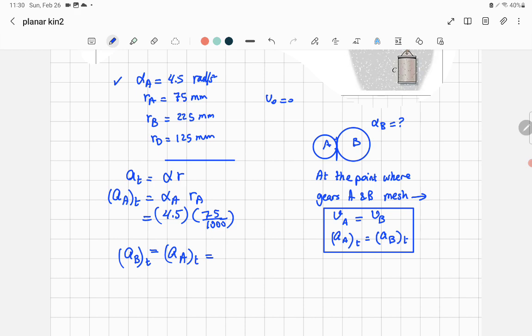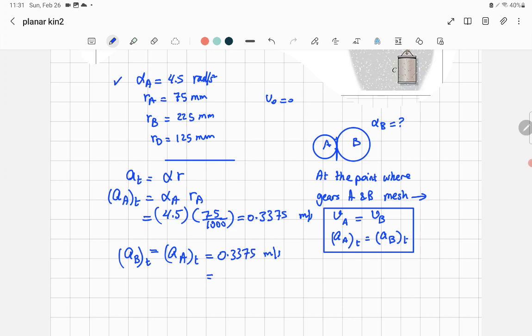Let me just calculate it. Okay, don't be lazy. 4.5 times 75 divided by 1,000 is equal to 0.3375 meter per second squared.